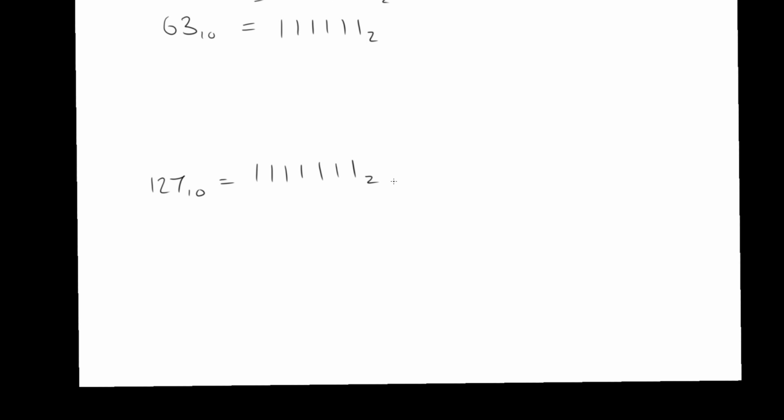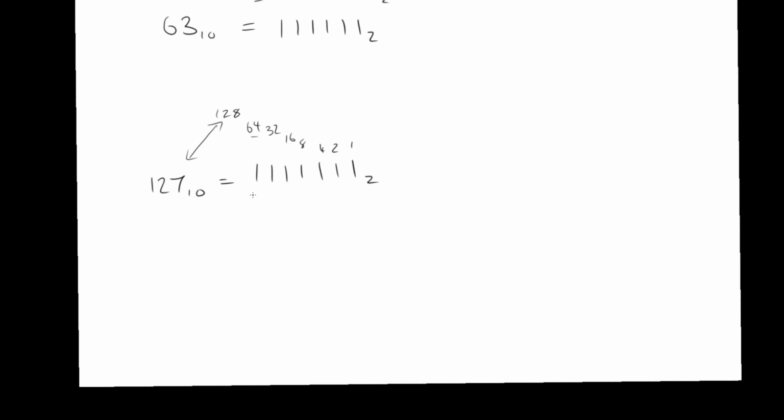The way I know that is because of this little trick here, and if it doesn't make sense, don't try and remember it. I go 1, 2, 4, 8, I'm going to run out of space, 16, 32, 64. Now, if I was to double 64, the next value would be 128, which is, as you can tell, one number above 127.